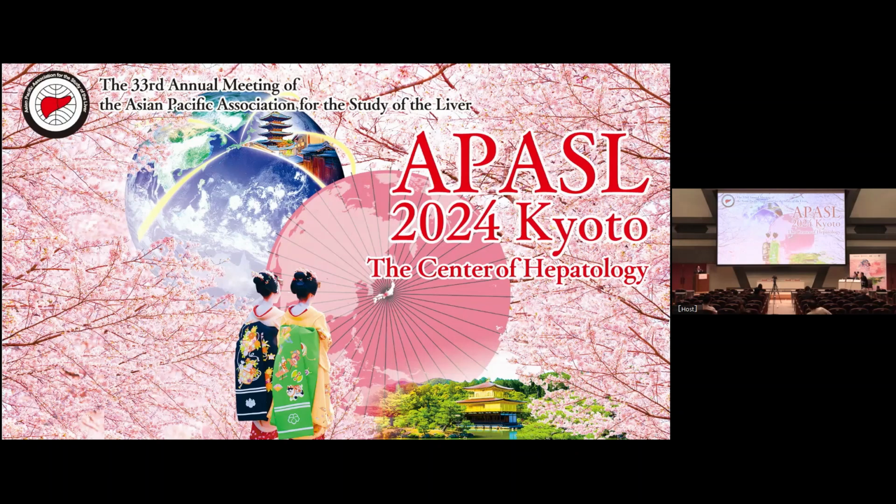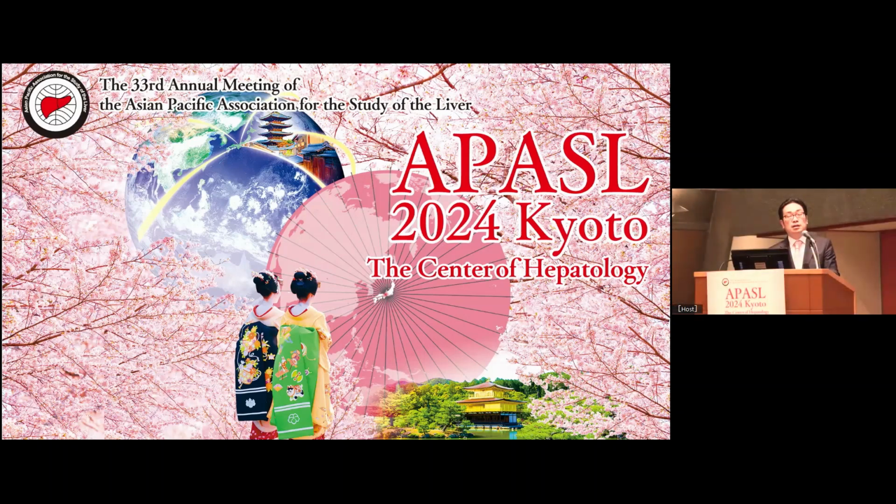Thank you for your question. So I think the difference between the US and Japan is that in the US, hepatologists don't perform liver biopsy. They ask radiologists to perform liver biopsy, so there are some hurdles; they have to consult radiologists.